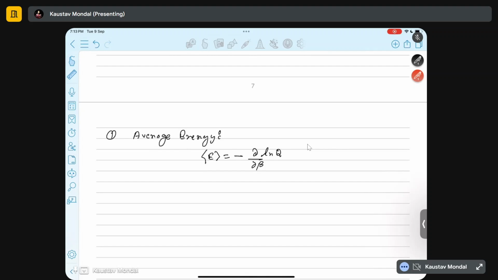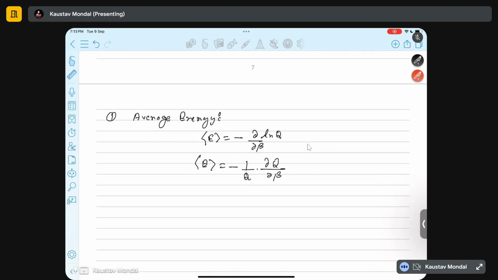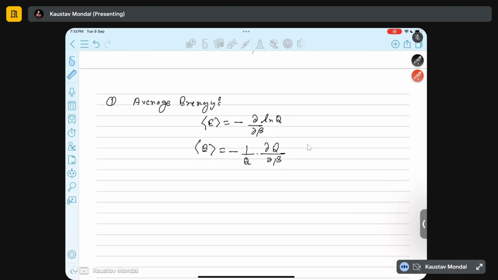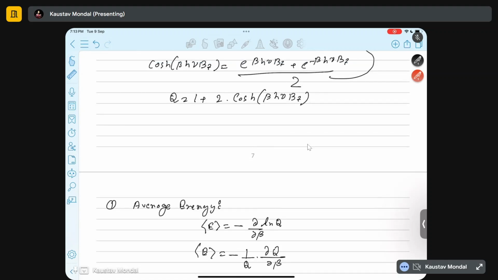So this can be written as minus 1 by q into del q by del beta. Now del q by del beta, how can you write this thing? q is already there, this is the expression of q.